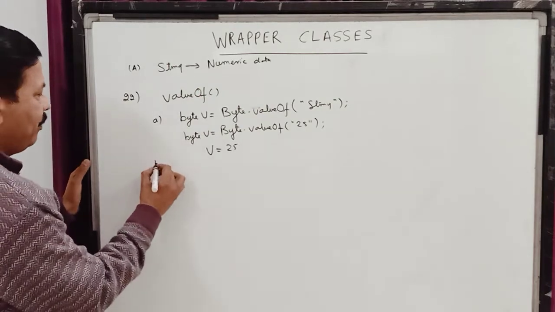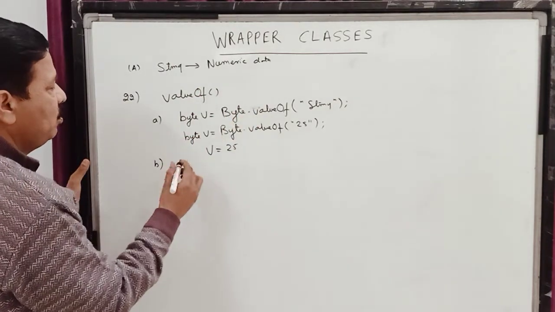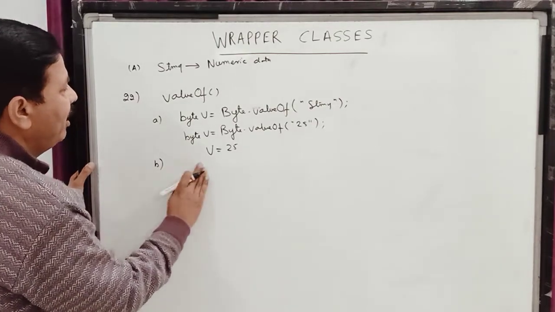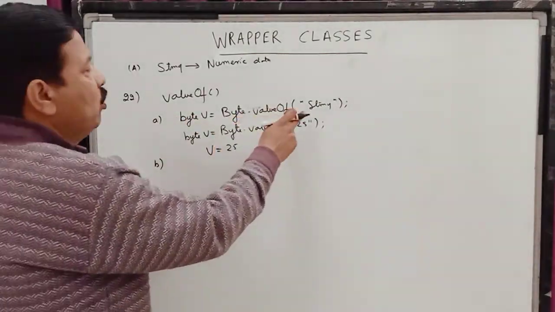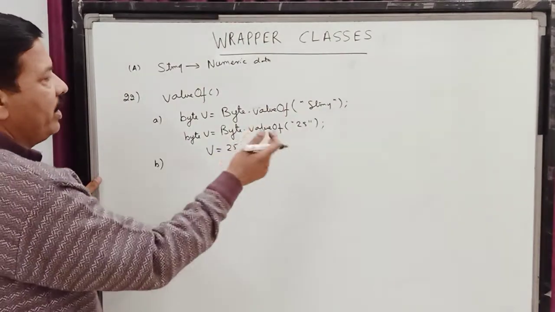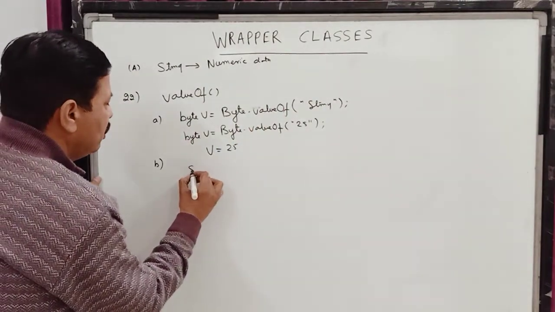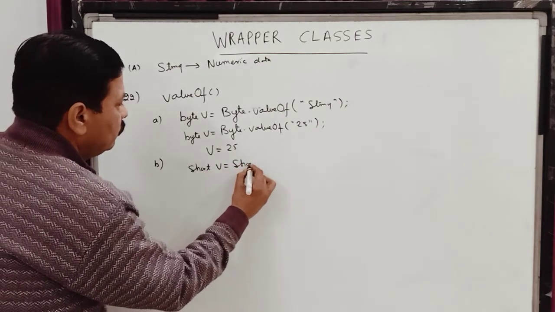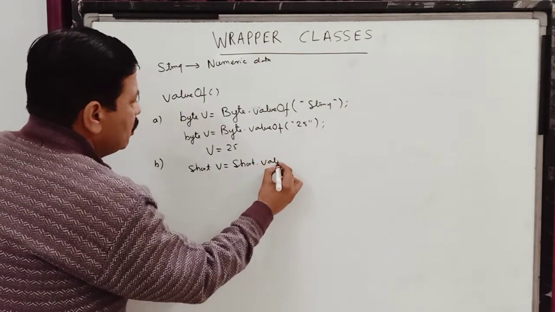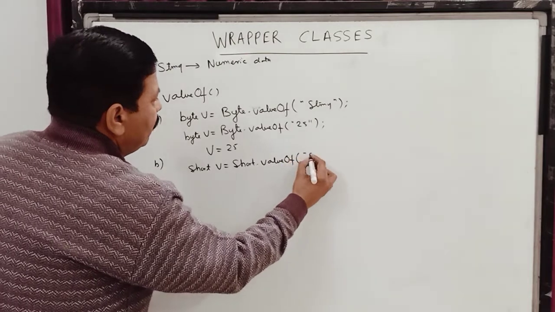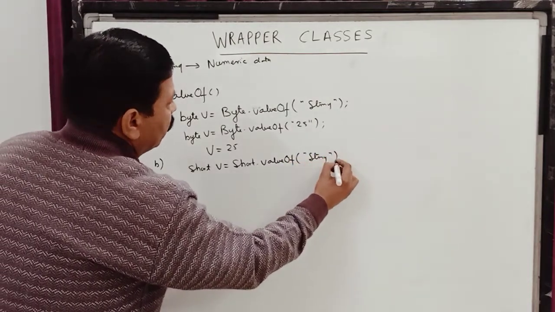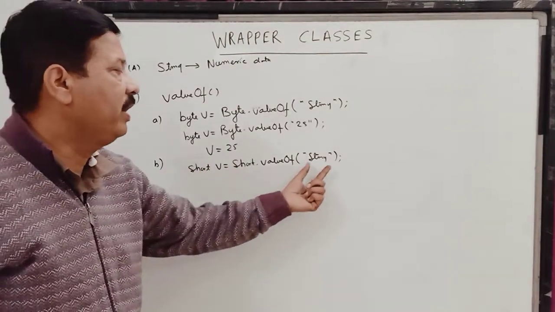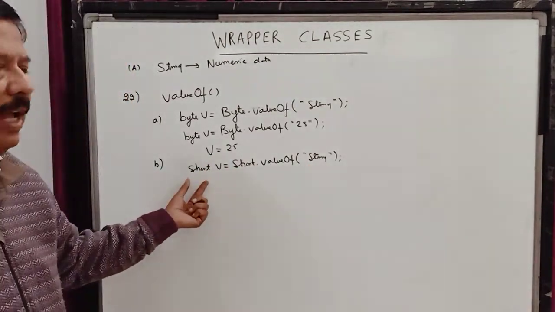This valueOf can be used with other wrapper classes also. For example, this is converting string to byte. If I want to convert string to short, then I use short v is equal to Short.valueOf of a string. This format is going to convert a string value into data type short.